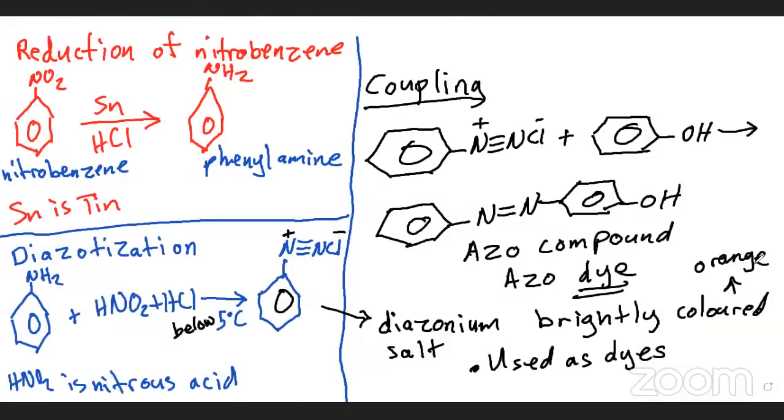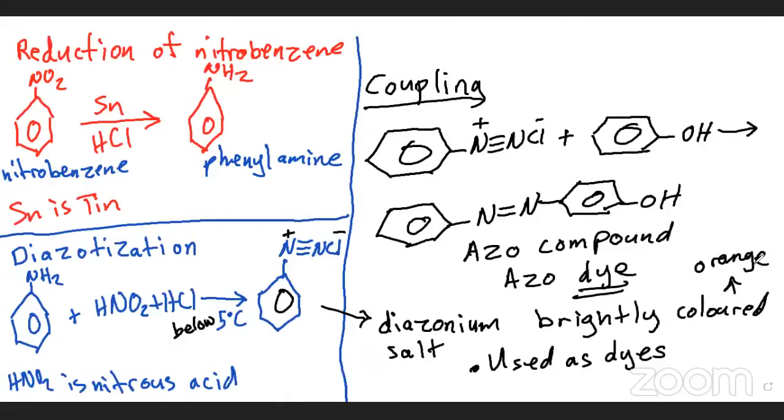We looked at what else? For phenol now, we looked at the reaction of phenol with sodium hydroxide. You get sodium phenoxide. We looked at the reaction of phenol with acyl chloride, specifically ethanoyl chloride, and you get your ester, phenyl ethanoate.